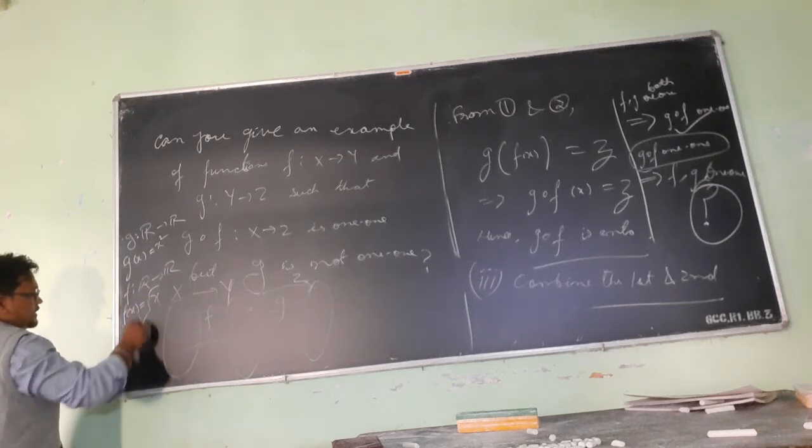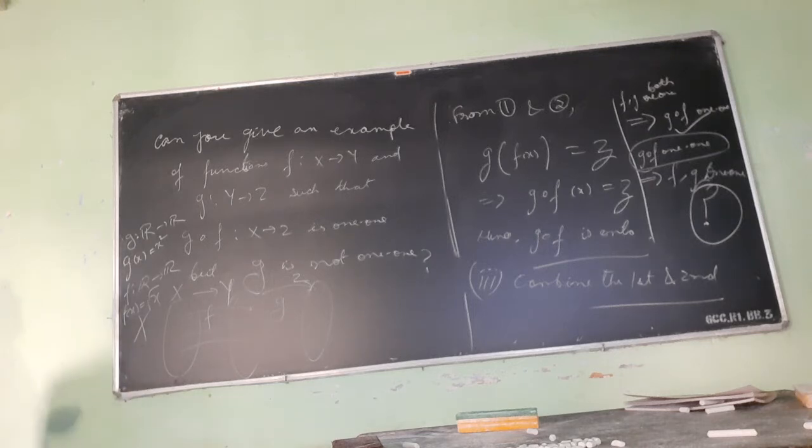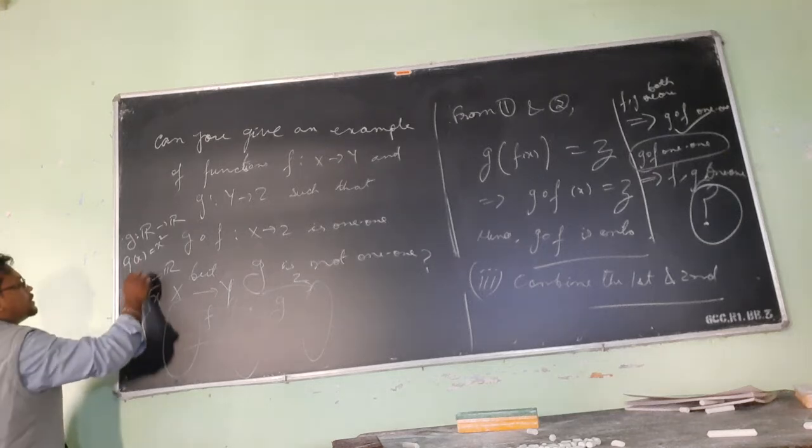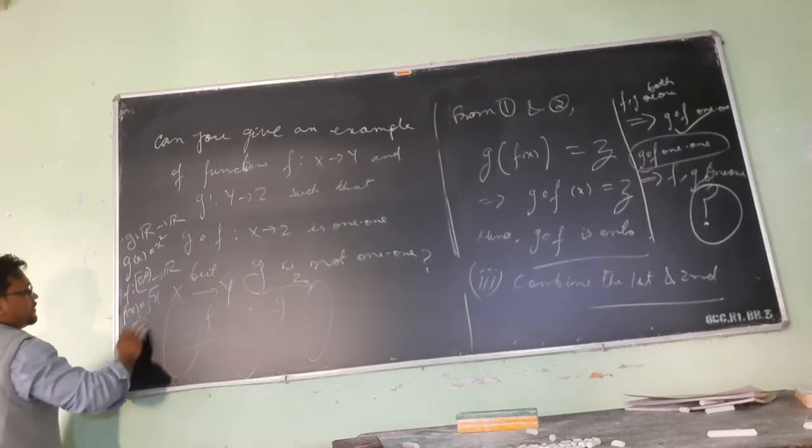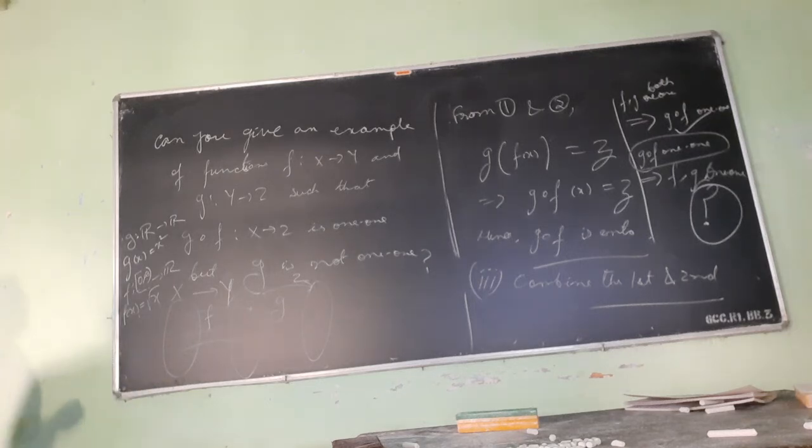But this is not a function itself. You have to change the domain. You can write it from 0 to infinity, to R. Now it is defined. f(x) equals root x. Now check.